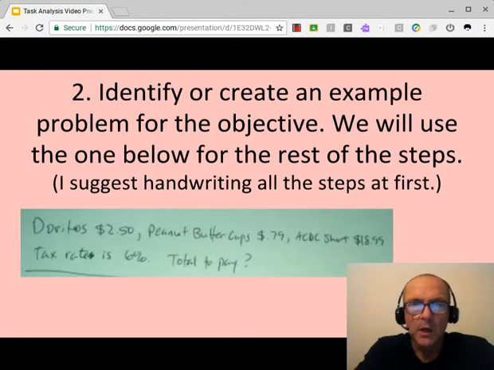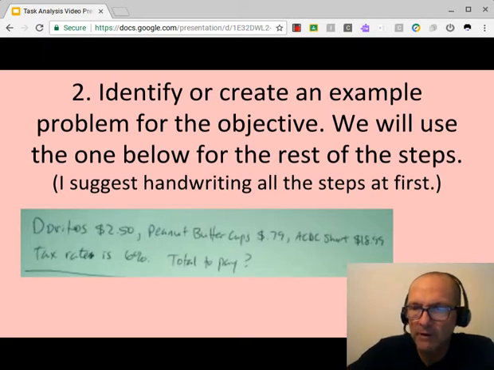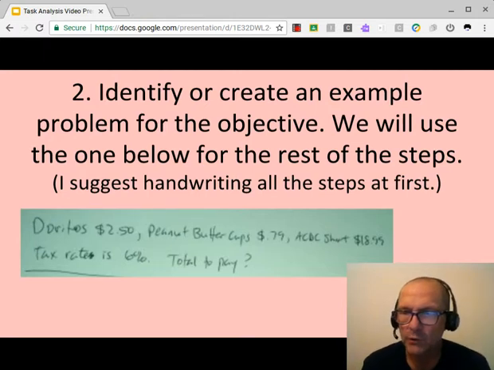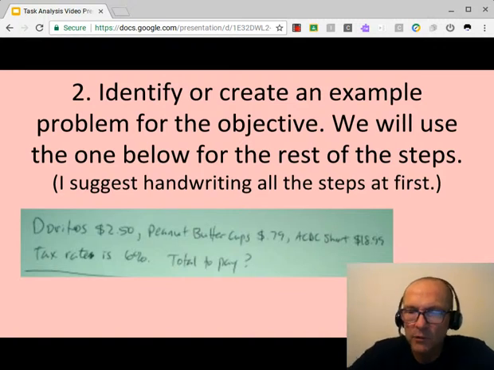Step two, the idea is for you to create an example problem for the objective so that you can drive the route on your own. I had a friend who explained that he was having a gathering at his house. He was trying to give everybody directions. He wanted to give everyone very clear directions.